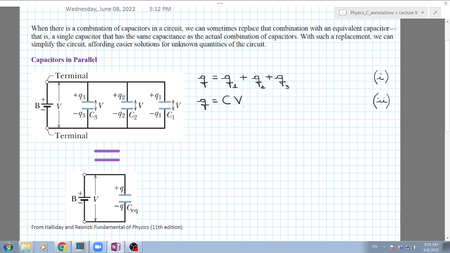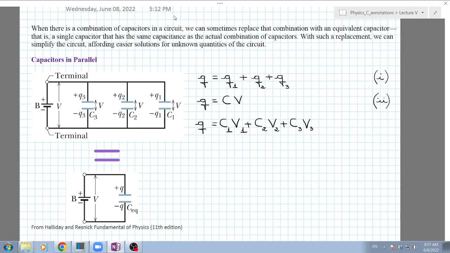I can substitute this equation for every one of these charges and rewrite the first equation as Q equals C1 V plus C2 V plus C3 V. We know that these voltages are all the same.